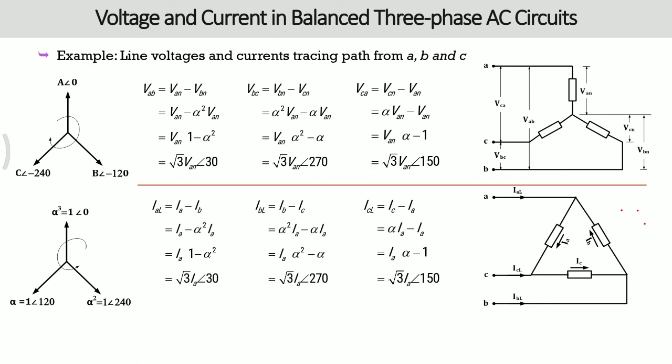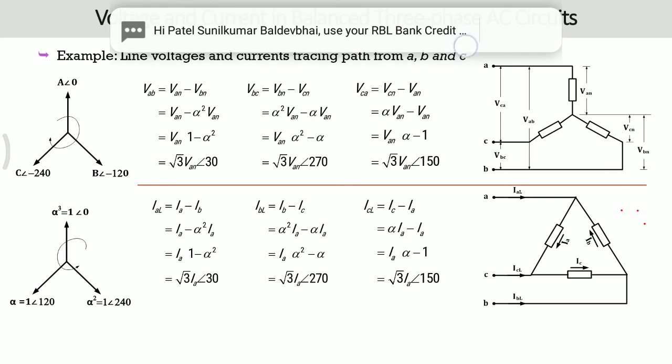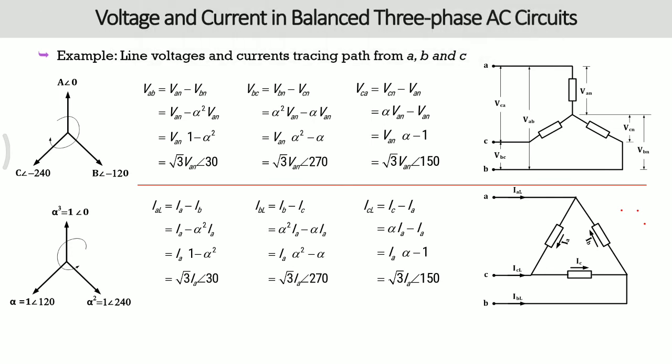Similarly, voltages are the same for a delta connection. For a delta connection, phase voltage and line voltage both are the same, so you do not need to equate the phase and line voltage relation in the case of a delta connection.